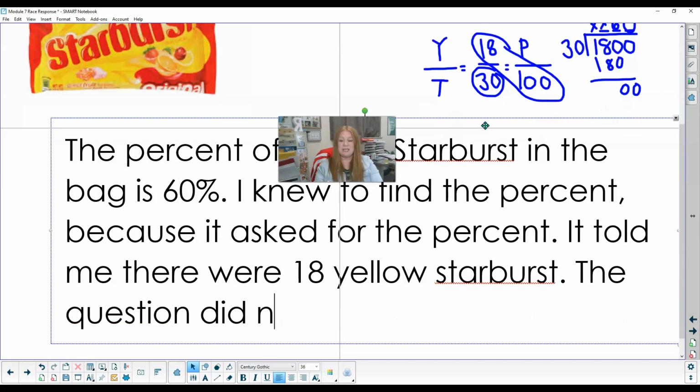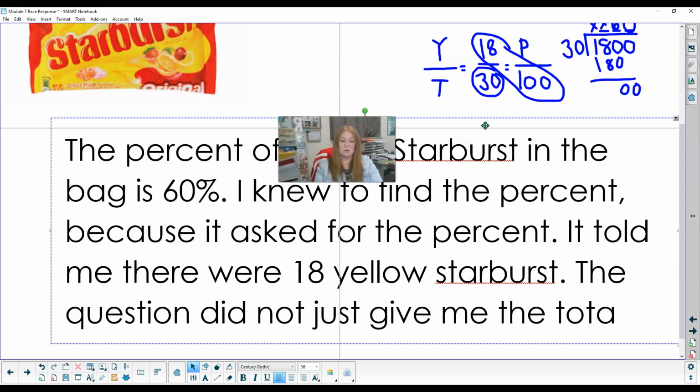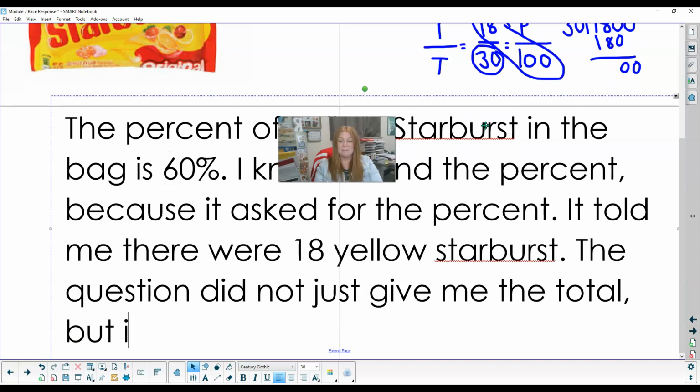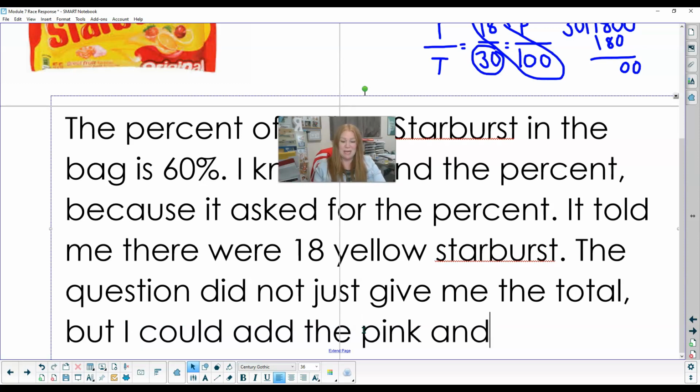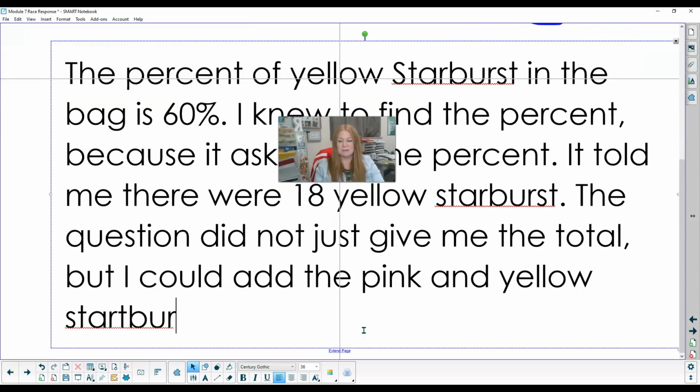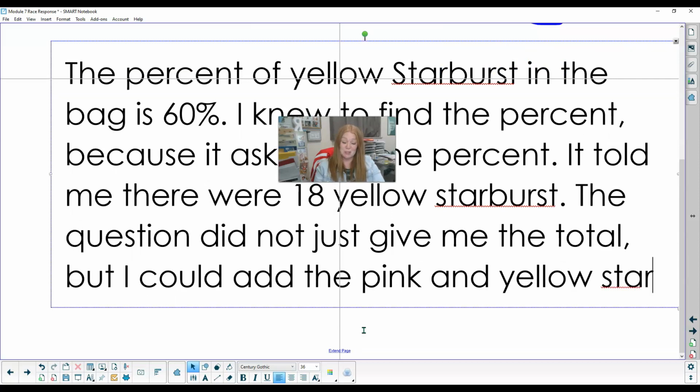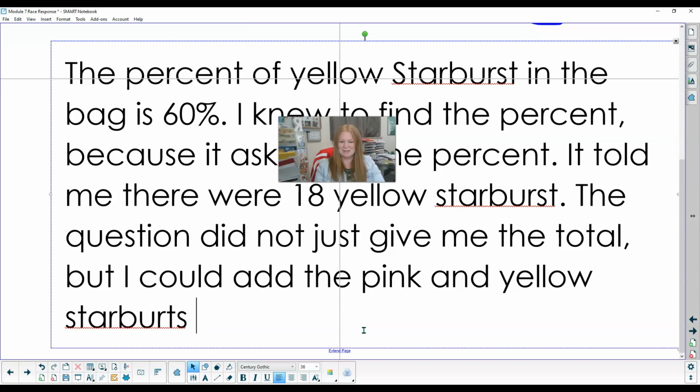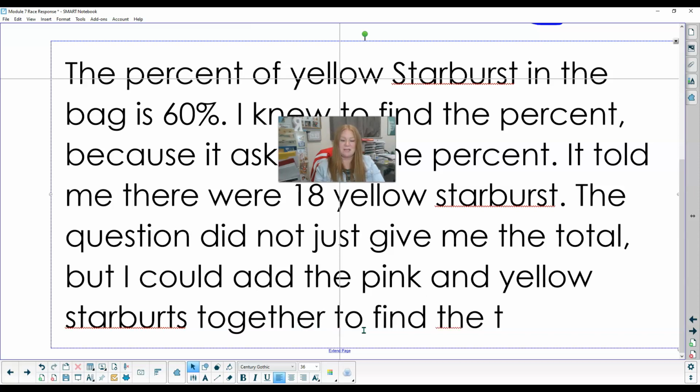The question did not just give me the total, but I could add the pink and yellow Starbursts together to find the total.